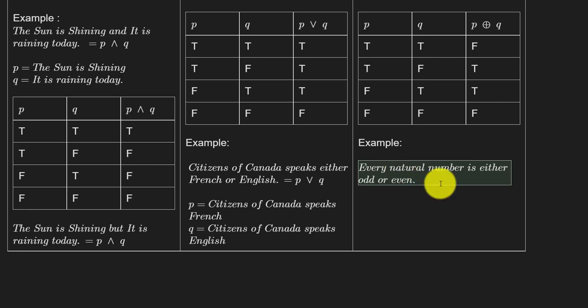Now if you see it over here, we are still talking about an OR operation, an OR operator over here, right?